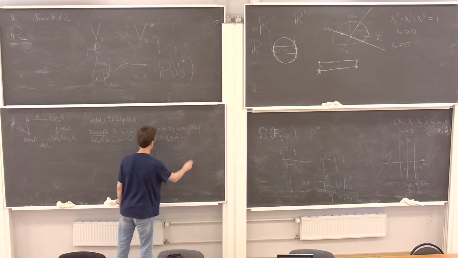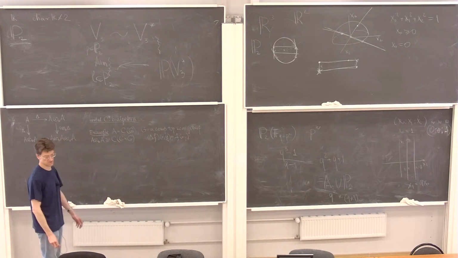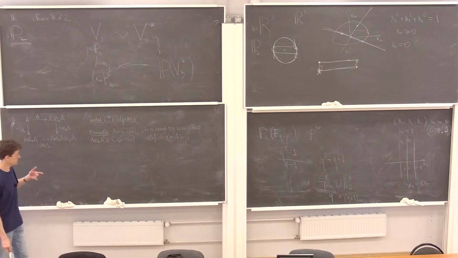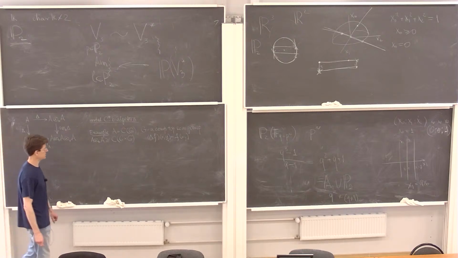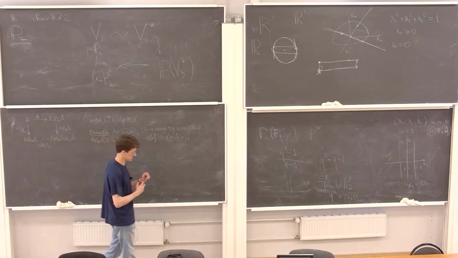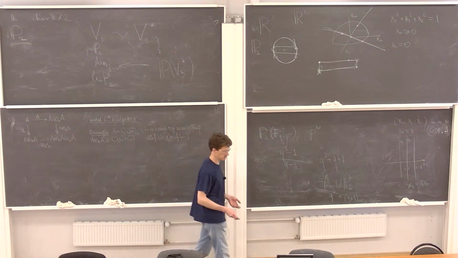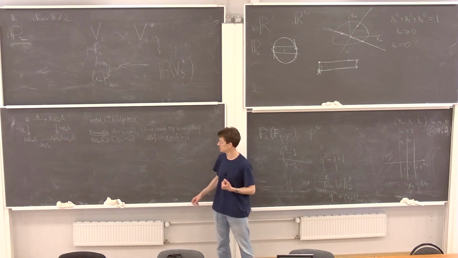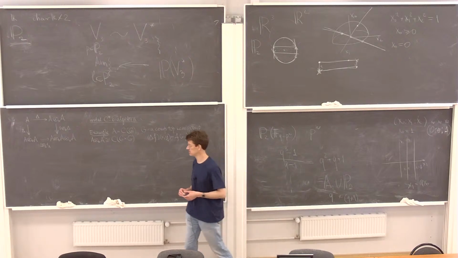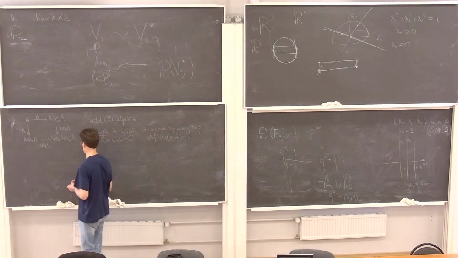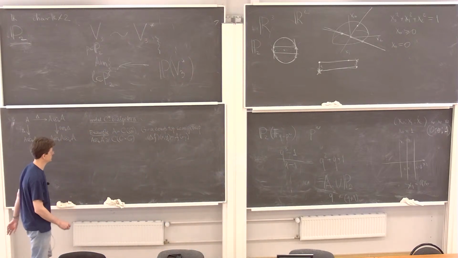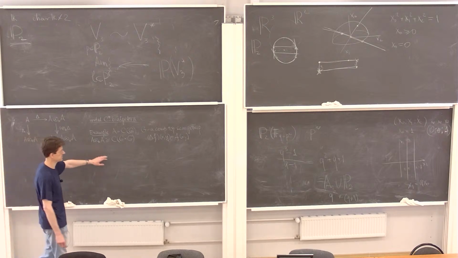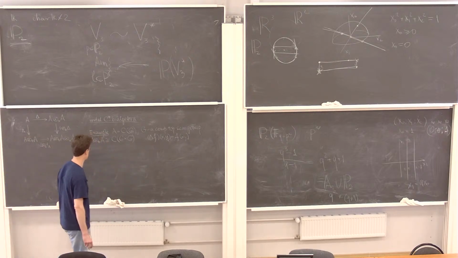So basically, this is the dualization of the multiplication on G. If we use the Gelfand-Naimark duality between compact topological spaces and unital C-star algebras, then the multiplication on G dualizes to this concrete co-multiplication on the algebra of continuous functions.